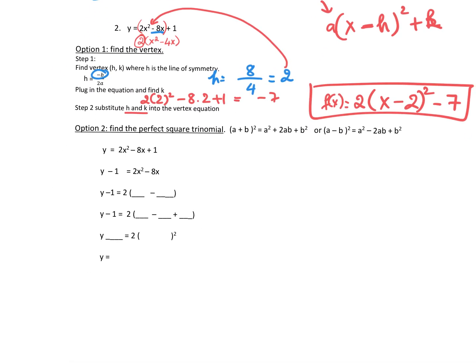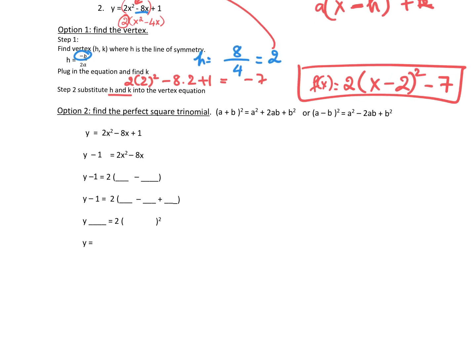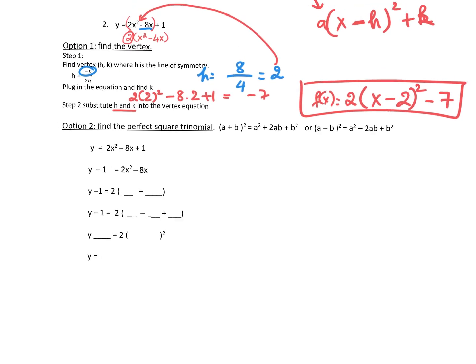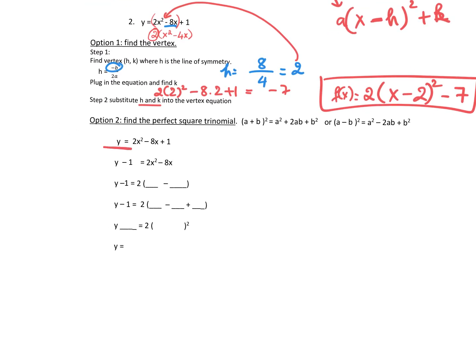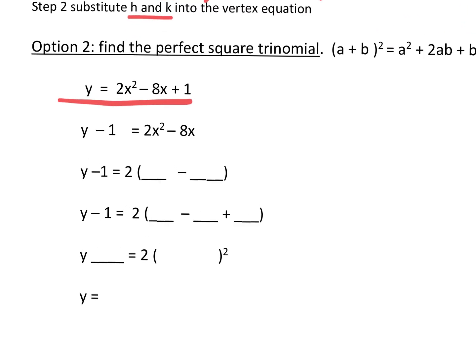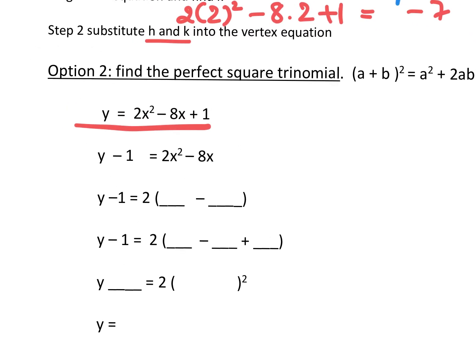Next, option 2: find the perfect square of this trinomial. We're going to use the same problem to solve it. First, we need to get rid of the c, which is plus 1. To get rid of it, I'm going to move it to the left side and do minus 1.